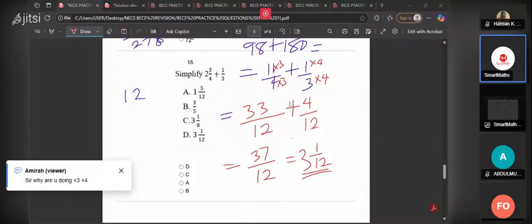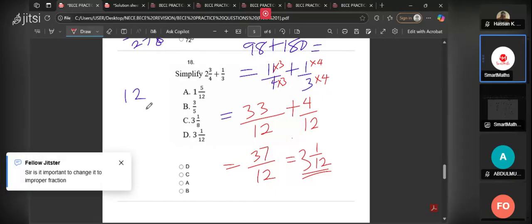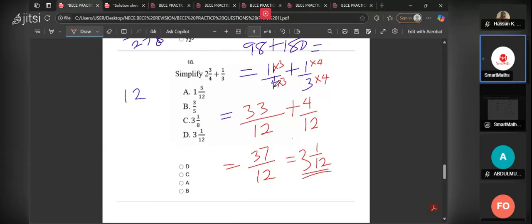Why am I doing 3 times 4? The reason is that we want the denominators to be the same, because the LCM of the denominators is 12. If it is 12, how can we make 4 to be 12? By multiplying it by 3, we get 12. Then 3, we multiply by 4 to get 12. Whatever is done to the denominator must also be done to the numerator.